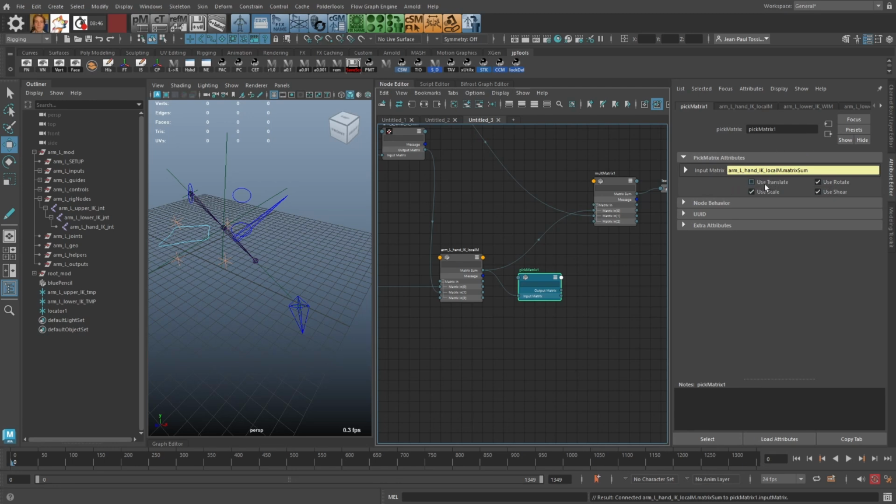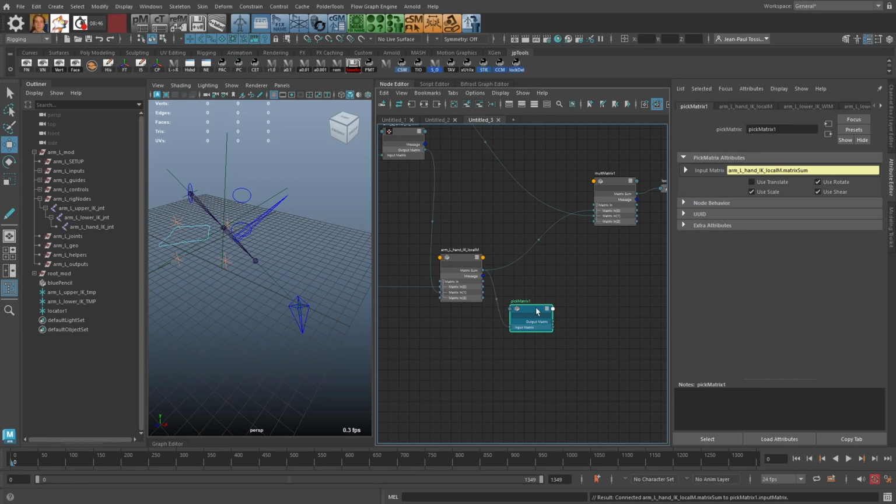So if we disable translate, Maya discards the fourth row, and then the result is the matrix that only has the scale, rotate, and shear. And then we can multiply this with a matrix that only has the translation, and then we can set the translation, so to speak. But this involves another mult matrix node as well.